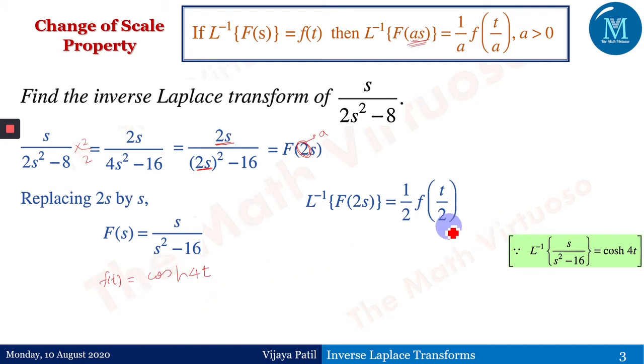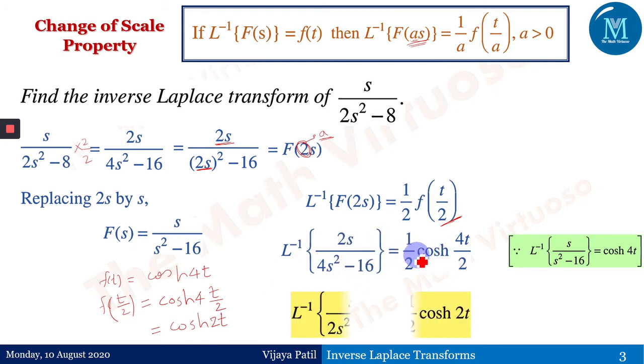But what has been asked of me has to go like f(t by 2), because the value of small a in the present case is 2. Therefore I have to replace every t by t by 2, so it is cos hyperbolic 4 times t by 2, which is cos hyperbolic 2t.